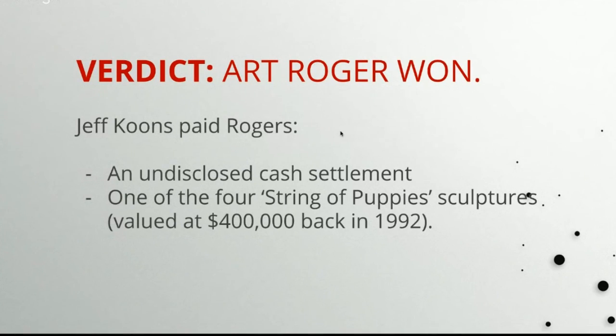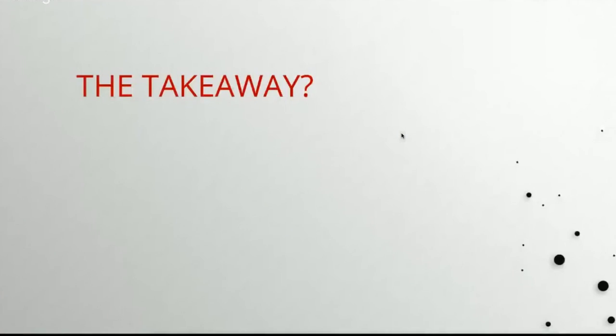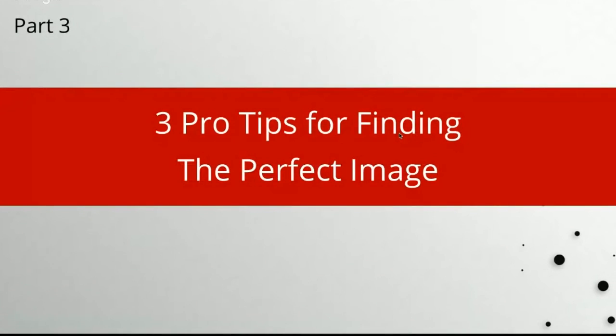So if he still owns that sculpture, who knows what it could be worth. All up, Koons could have licensed that puppies image for $50, and basically the takeaway is that if you're in any doubt, just buy a license.